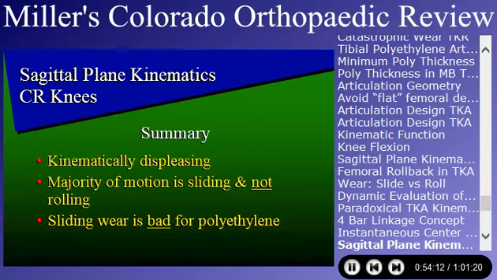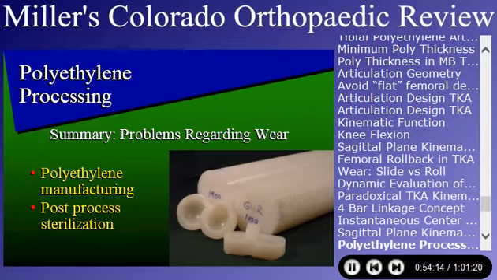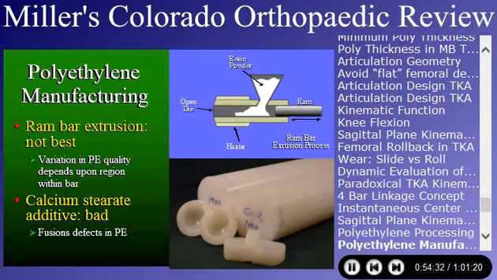So in summary, regarding wear, the other issue we're going to talk about is polyethylene processing. Remember that polyethylene manufacturing and post-process sterilization are important in your polyethylene. Remember, we had that whole big lecture yesterday about that. Some of these early knee designs had ram bar extruded polyethylene, and there's a lot of variation in the polyethylene quality depending on the region within the bar.